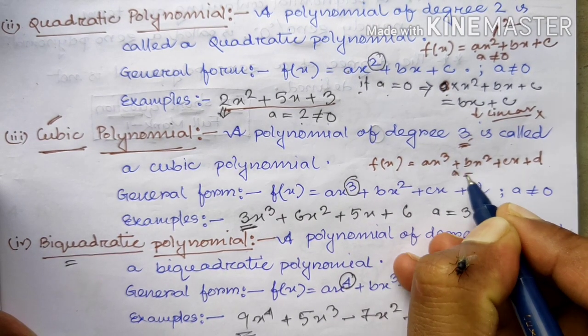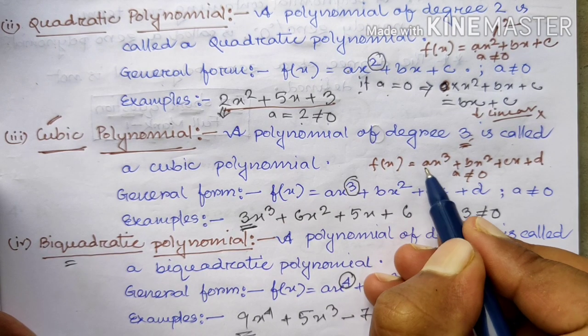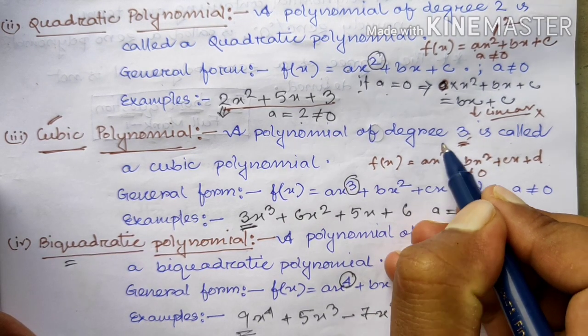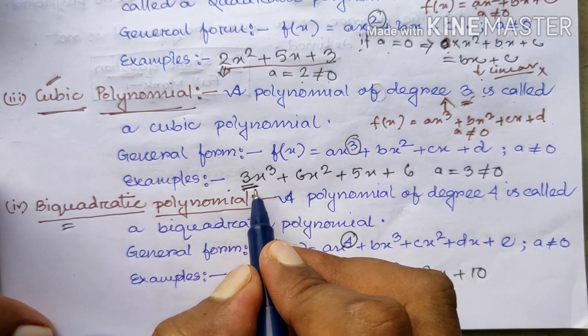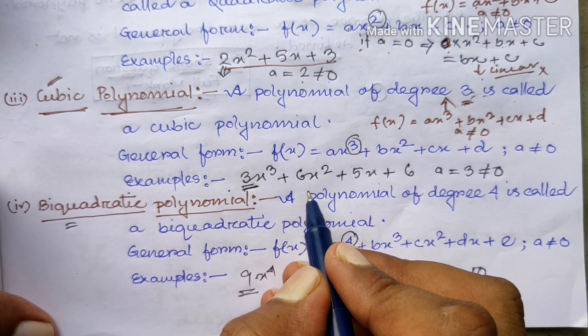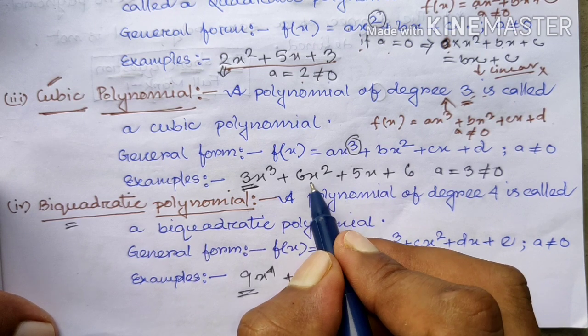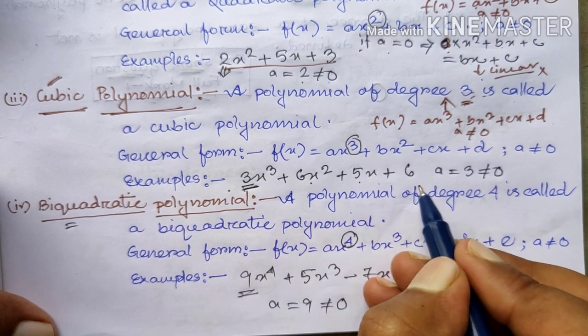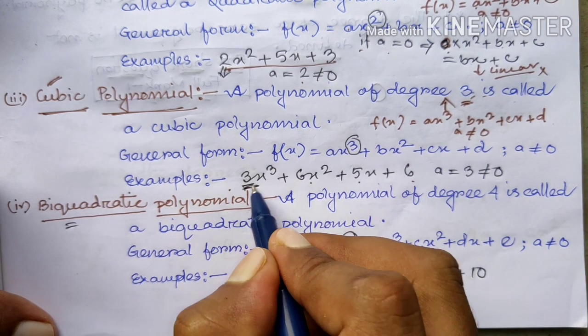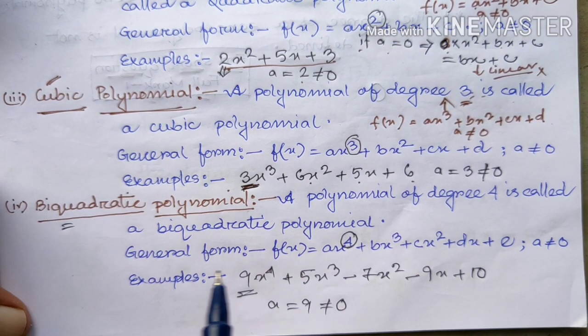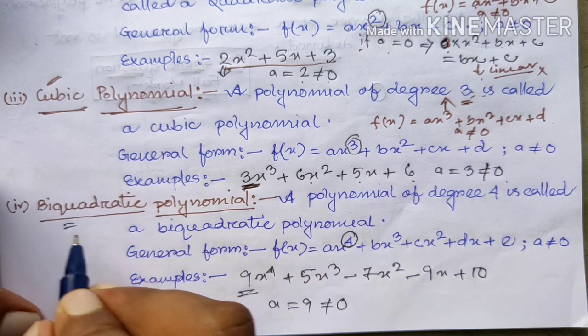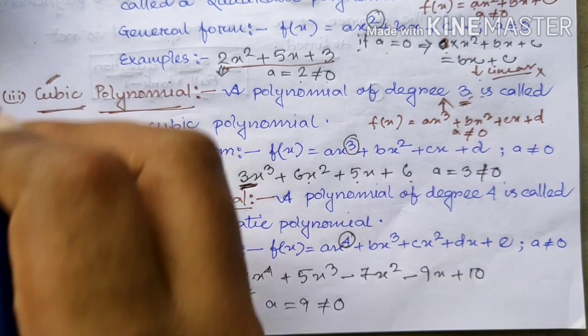The highest power of the variable must be 3 and a not equal to 0. For example, 3x cube + 6x square + 5x + 6. You may see here the highest power of variable x equals 3 and a equals 3, which is not equal to 0.